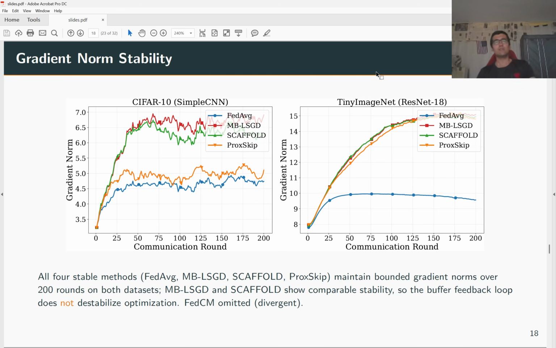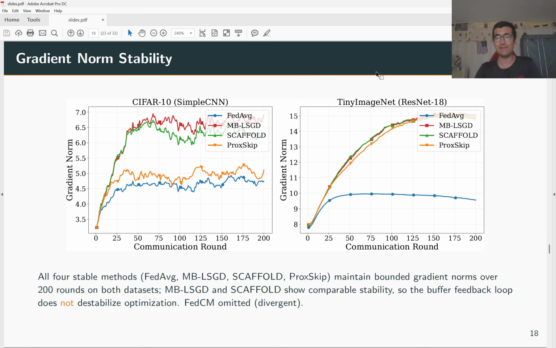One more sanity check before I turn to limitations. Does the buffer feedback loop ever destabilize the optimization itself? This plot shows the gradient norm evolution over 200 rounds on both datasets. The point is simple.